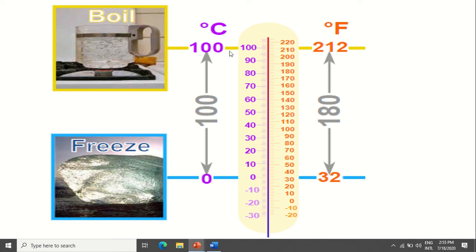The interval between the upper fixed point and lower fixed point is known as the fundamental difference, and it is divided into equal divisions. Each division in the centigrade scale is known as 1 degree Celsius, and each division in the Fahrenheit scale is known as 1 degree Fahrenheit.